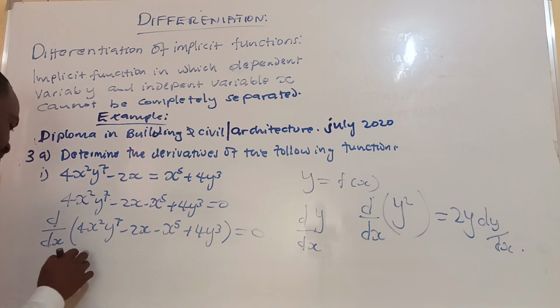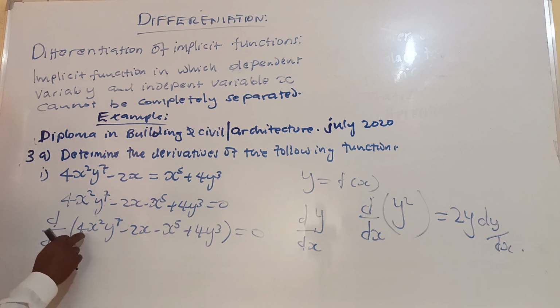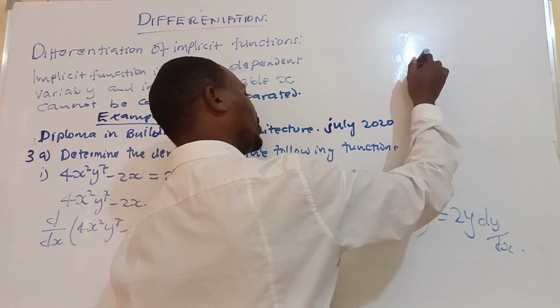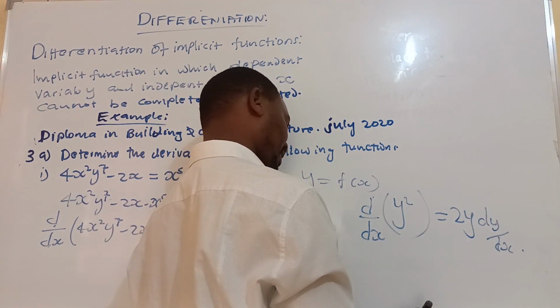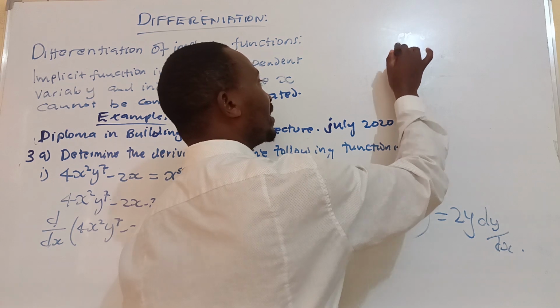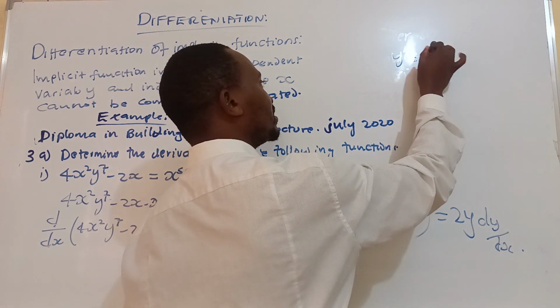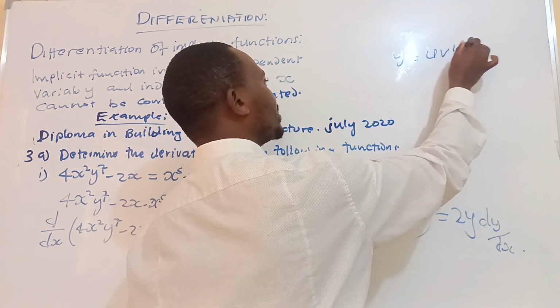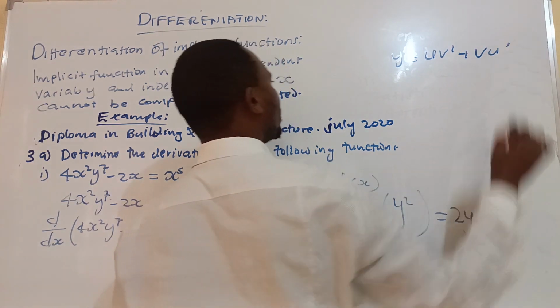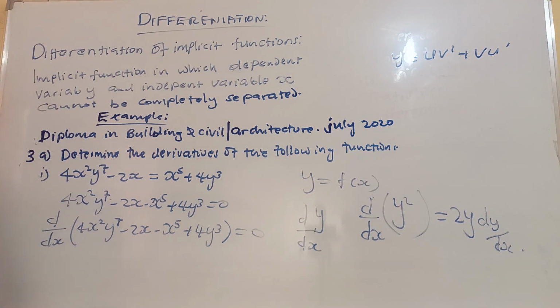That's the trick we are going to apply here. Now, when you are differentiating this part, remember you are going to use the product rule, as we said in a previous video. It is u times v differentiated plus v times u differentiated. So we take u to be 4x squared, and v to be y to power 7, and then we differentiate it.